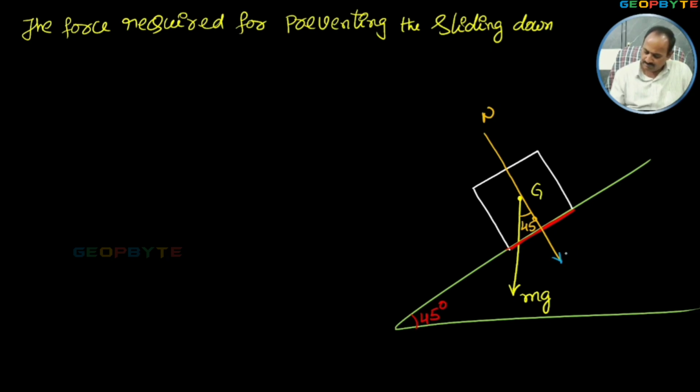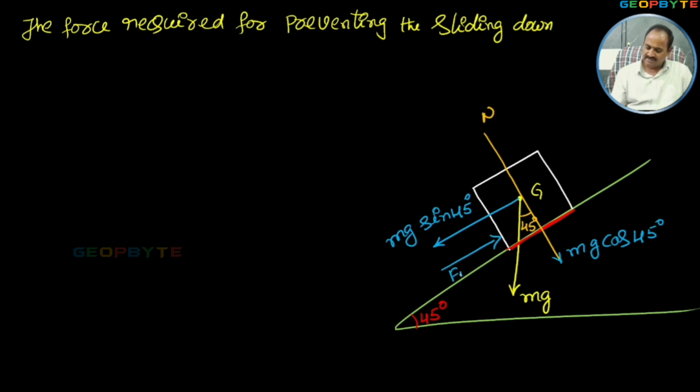Therefore, it develops two components of weight: mg cos 45 degrees and mg sin 45 degrees. Here let F1 be the force required for preventing sliding down of the object. Sliding down means this is the direction of motion, then the frictional force is acting in this direction.